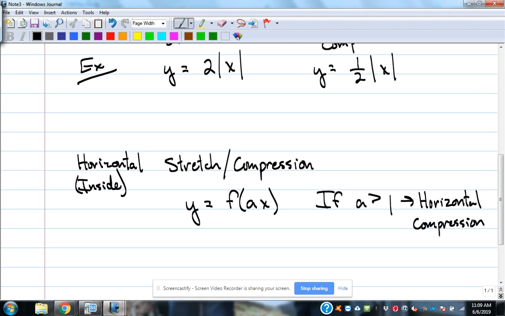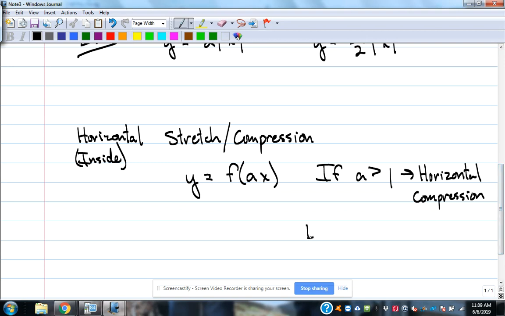It works the opposite way from the verticals. If that number is bigger than 1, we're going to have a horizontal compression. If that number is between 0 and 1, then we're going to have a horizontal stretch.